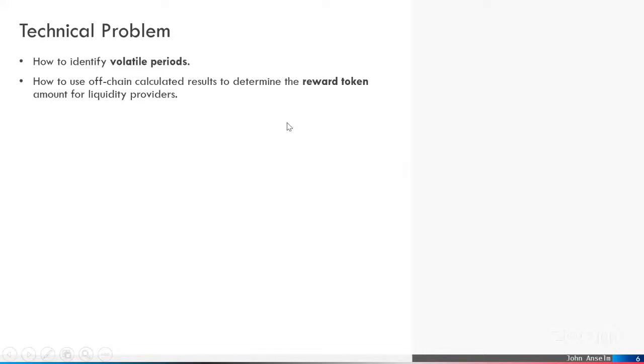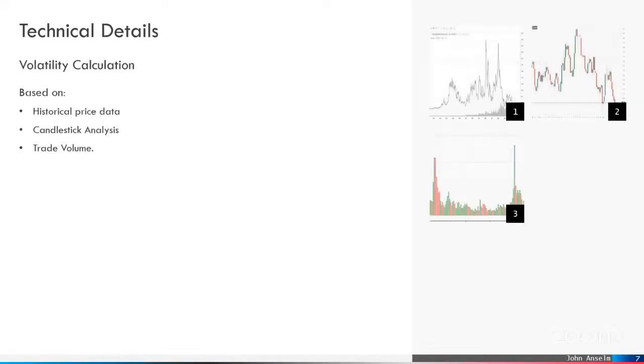To implement the solution, we found how to identify volatile periods and how to use off-chain calculated results to determine the reward token amount for liquidity providers. About volatility calculation, we can use historical price data, candlestick analysis, and trade volume.